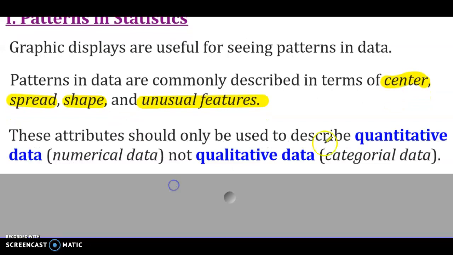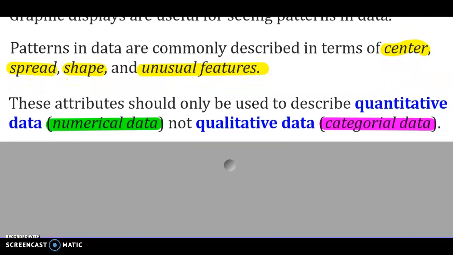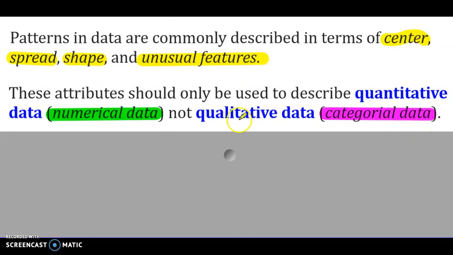Now these are only to describe what are called quantitative data. Quantitative data are numerical data. You do not use them for qualitative data, for categories. Some numerical data might be your height, your weight, or something like that.